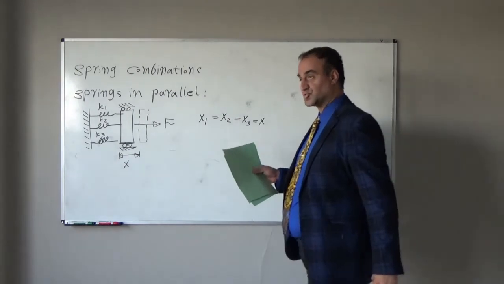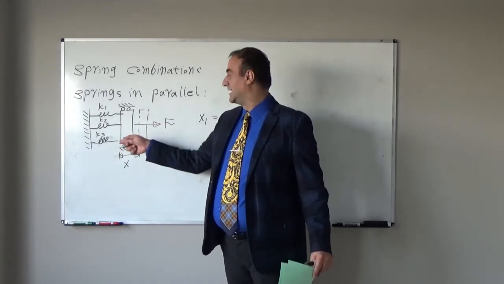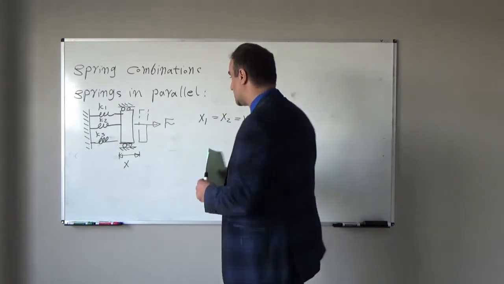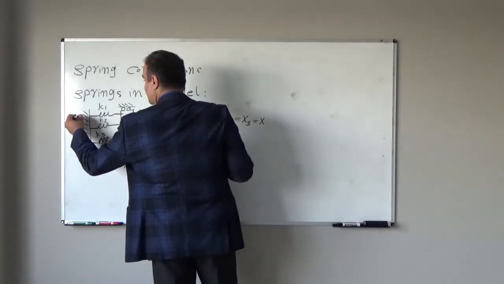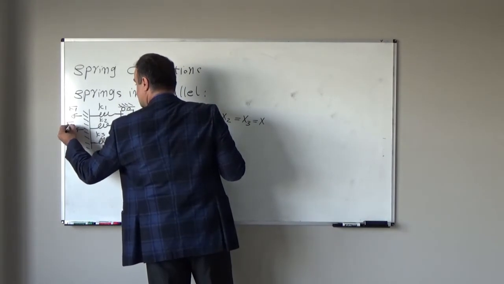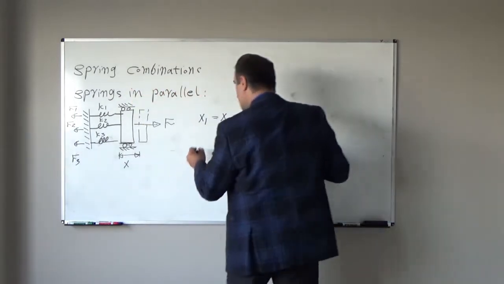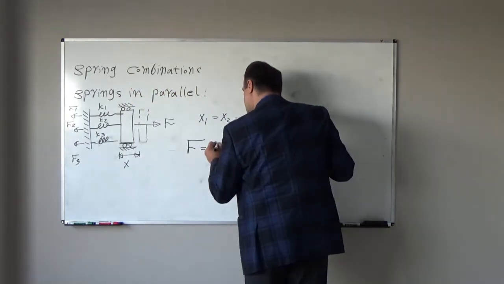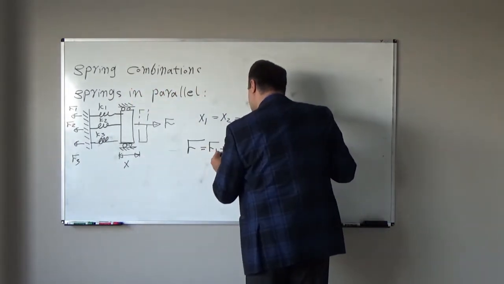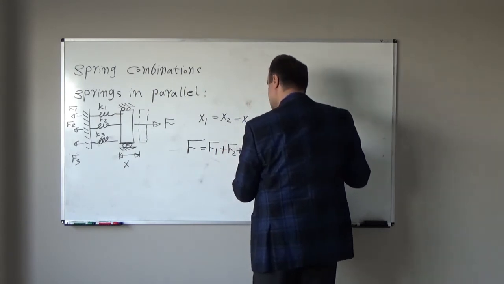But the external force will be divided among these springs. If the contribution of the first spring is F1, the second spring F2, the third spring F3, and so on, then F is equal to F1 plus F2 plus F3.